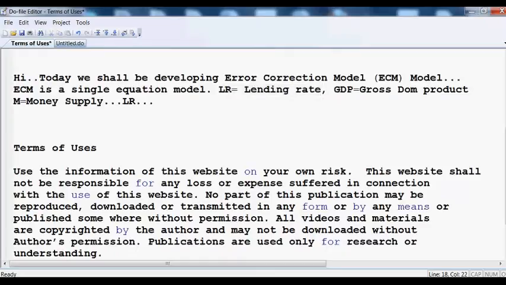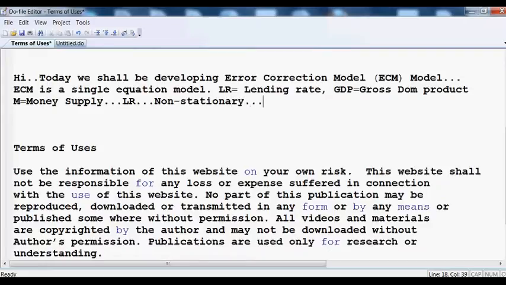Okay. And here we assume that our three variables are non-stationary, right? Non-stationary.